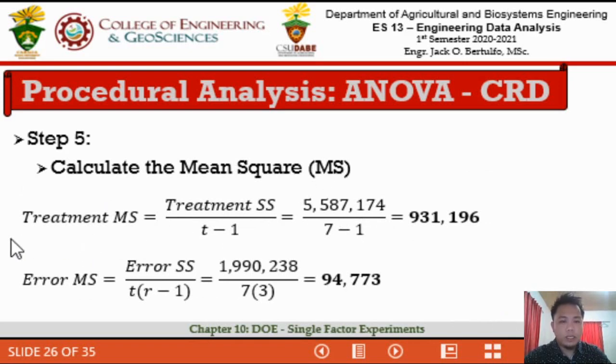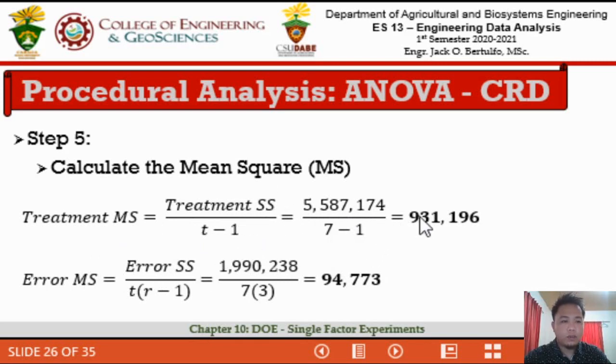Since there are two variations sa CRD, which is the treatment and the error, there are 2 MS lang po nga atong i-calculate. So for treatment MS is just treatment SS over T minus 1, which is just the degree of freedom. Right? So plug and play lang.